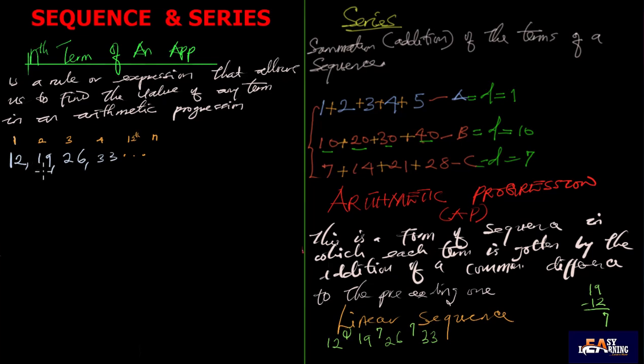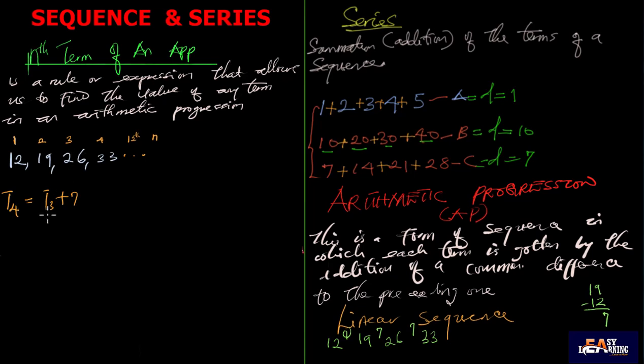We know that the common difference here is 7, and to have the fourth term, you just add the third term to 7.